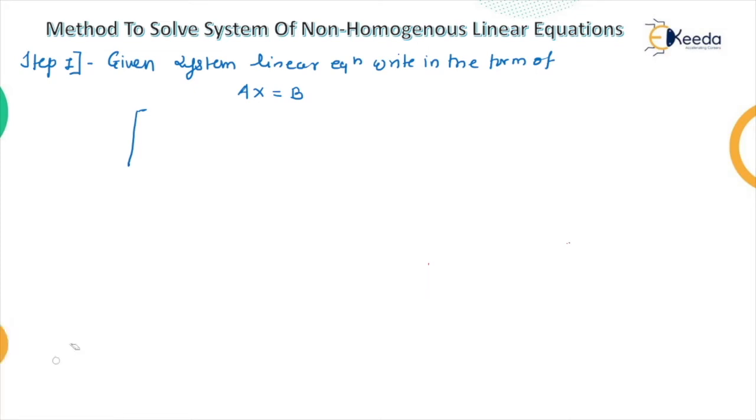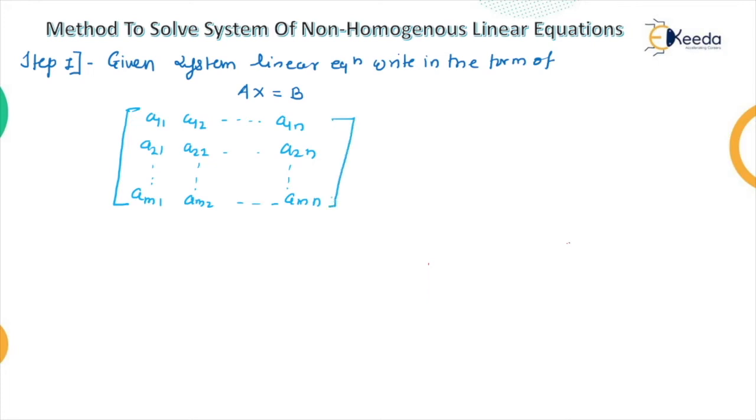Let this be matrix A. It contains a11, a12, and so on up to a1n. The second row is a21, a22, and so on up to a2n. And so on, since you have m equations, the mth row is am1, am2, and so on up to amn.